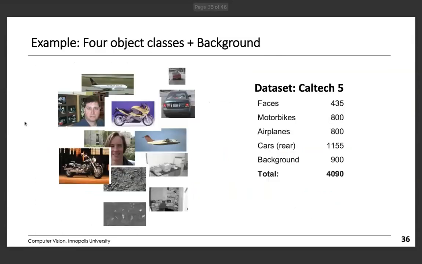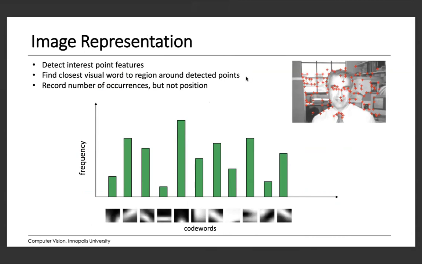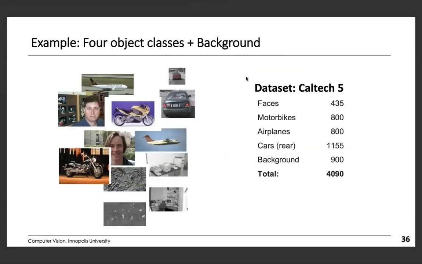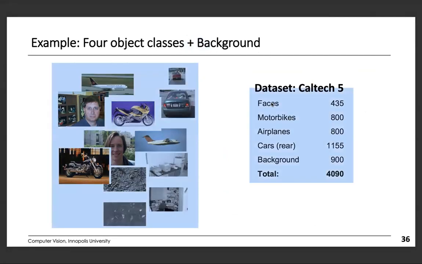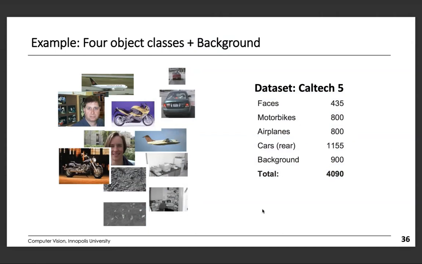Another image would give you another frequency, and hopefully these frequencies will be easily separable for the different classes. So here, for example, we have 4 object classes and a background. The object classes are faces, motorbikes, airplanes, cars, and background. Background basically means nothing, right?